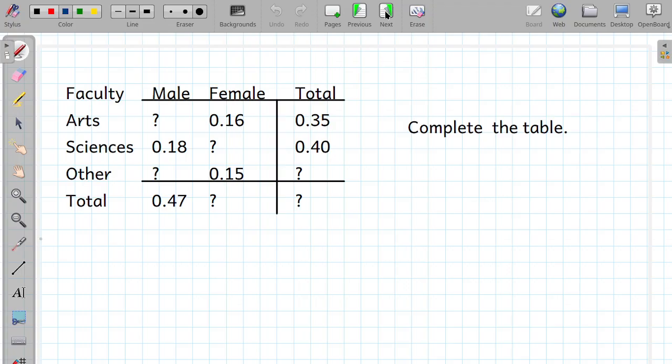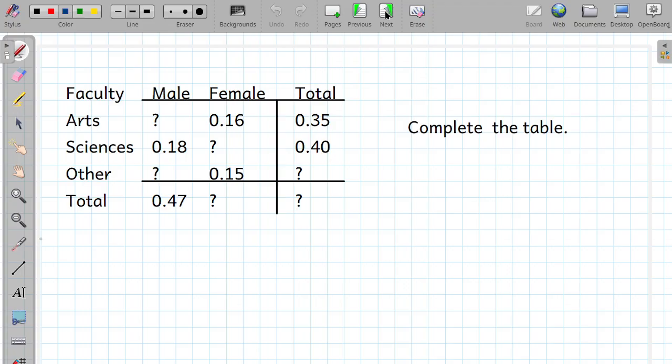Moving on here. So sometimes with contingency tables, we need to complete them. If they give you a partially completed contingency table, the goal is to first fill out all the missing numbers. And that's simple arithmetic, maybe a little algebra.